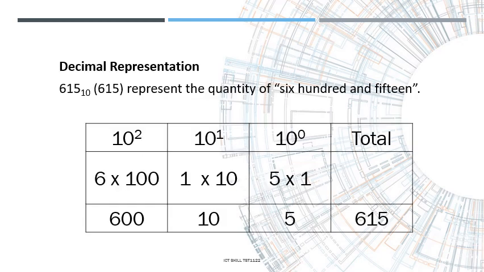For the decimal representation, 615 base 10 represents a quantity of 615. If you represent 615 base 10, you can draw a table like this.